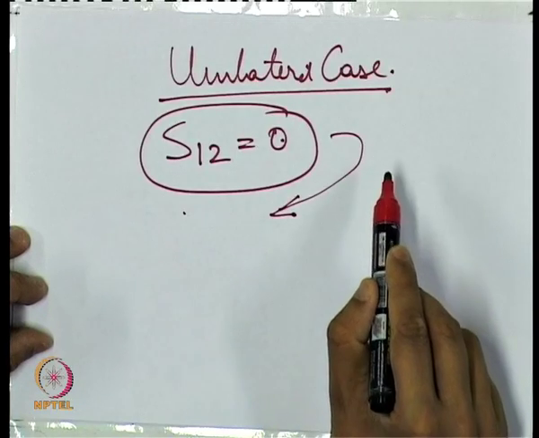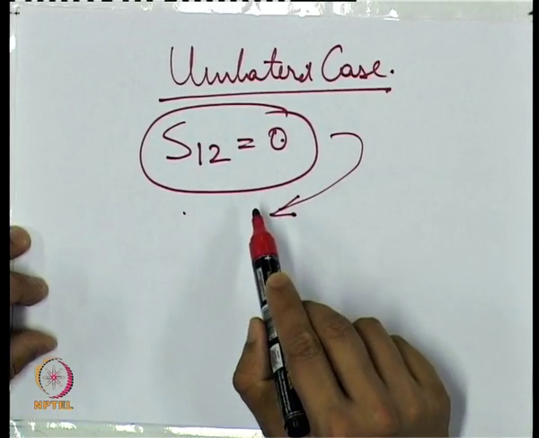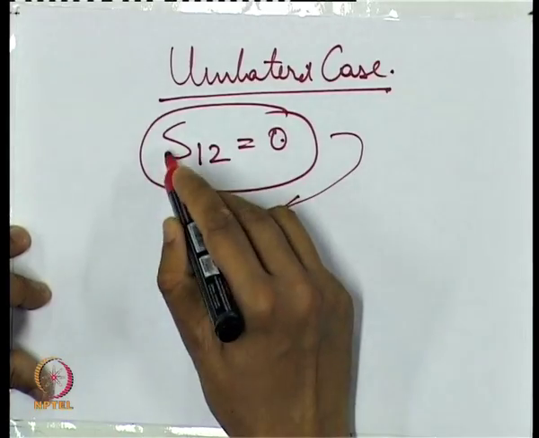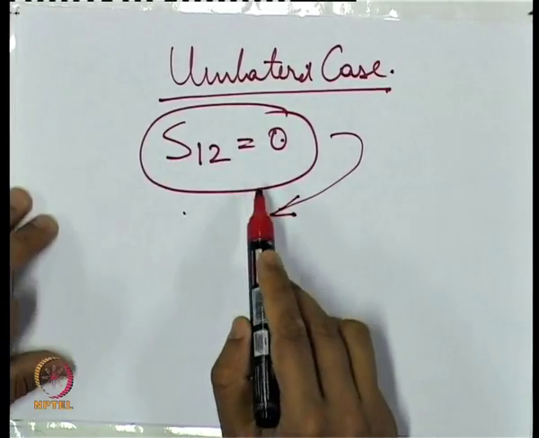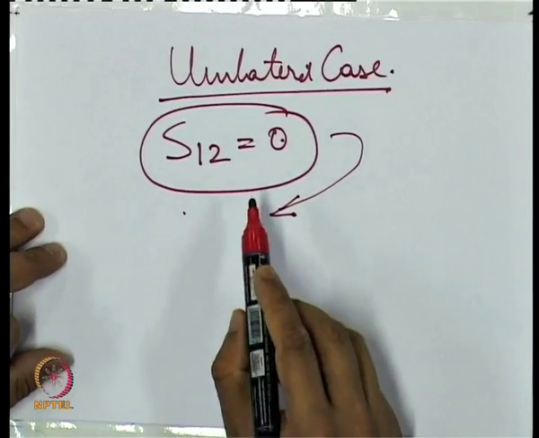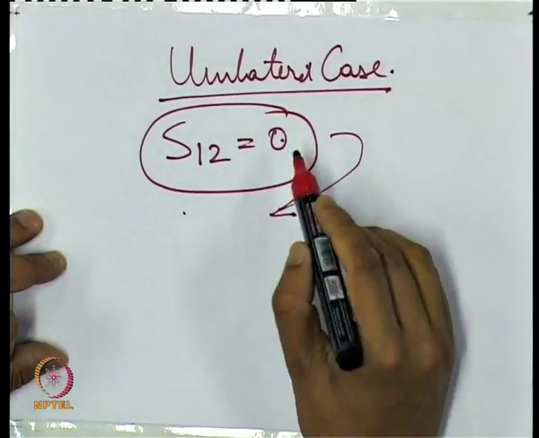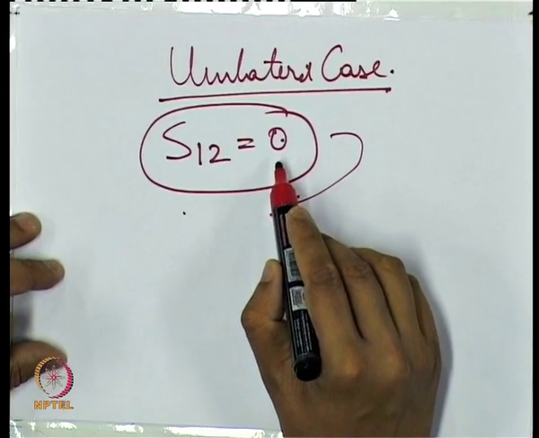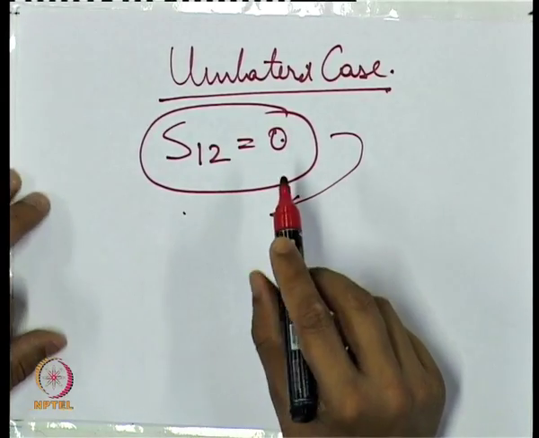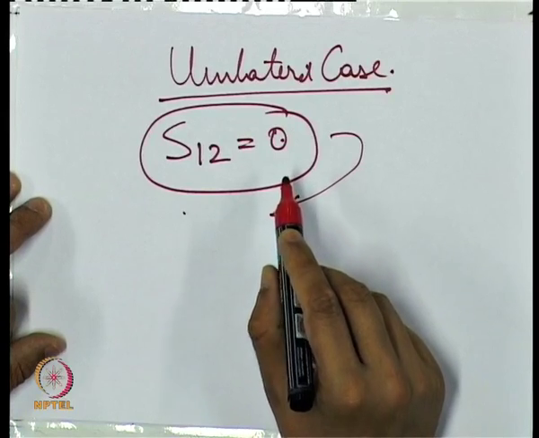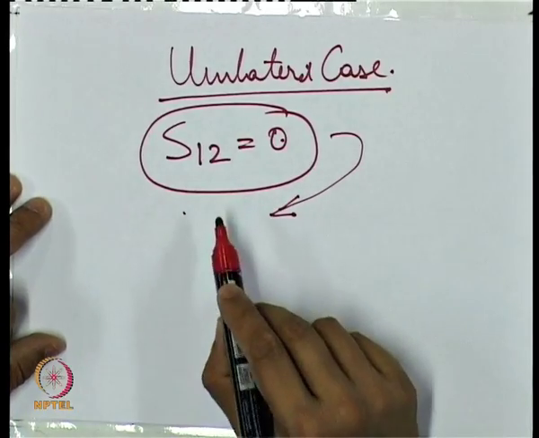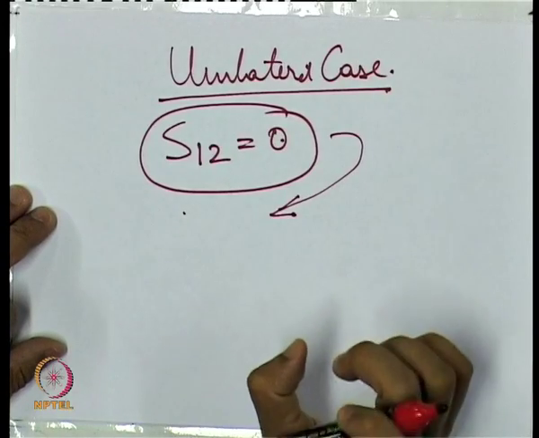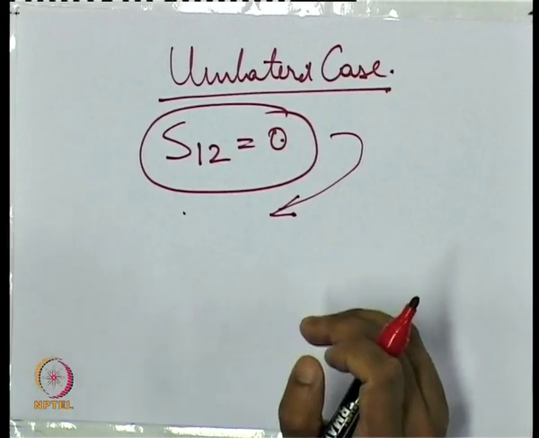We don't want the power to flow back from the output to the input. So this is a somewhat valid assumption, though in most amplifiers it is not 0, but it is a low value. But by making this assumption, it makes our life as designers much easier. How does it make it easier?